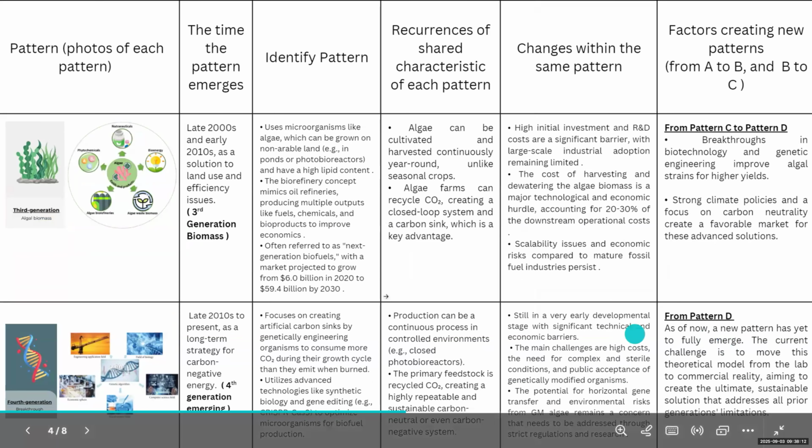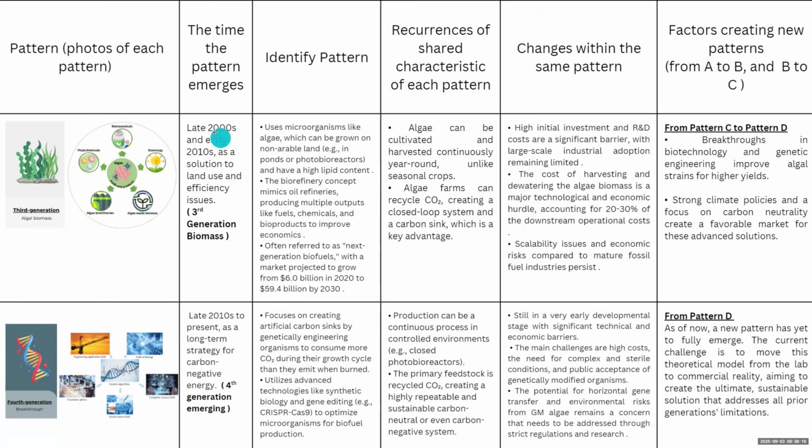In pattern C, starting from the late 2000s, people started to invent algae biomass, which can be cultivated all year round. This generation also has high initial investment and research and development costs.